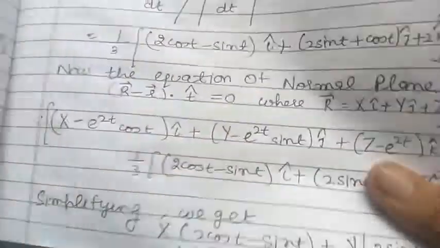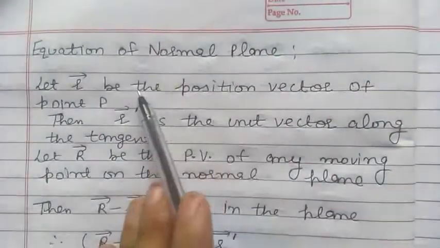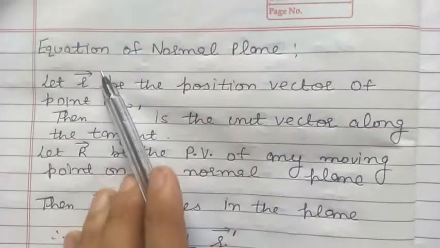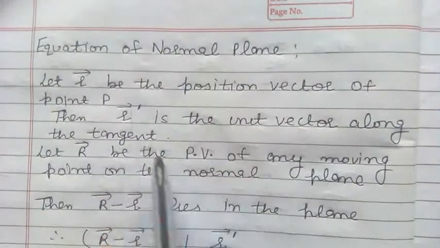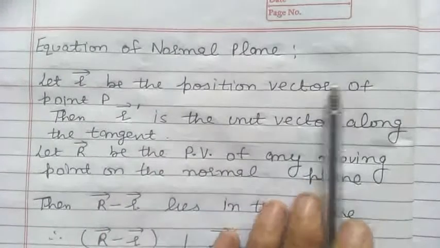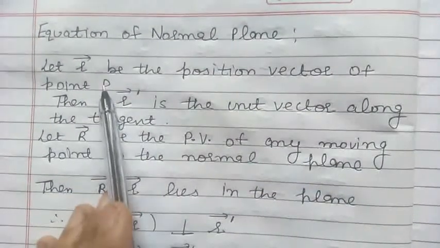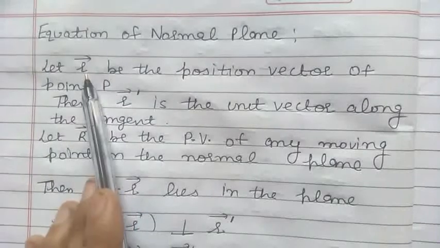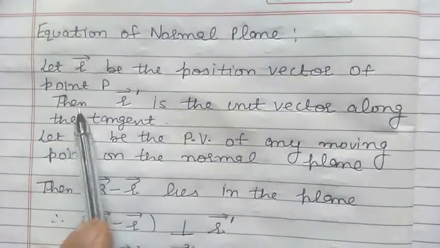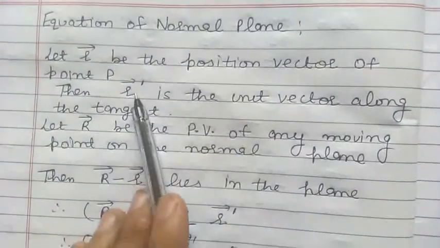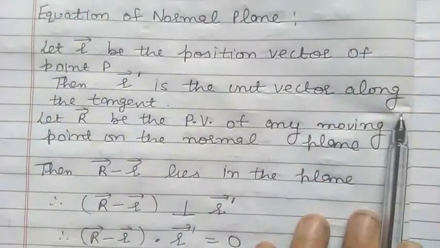Now let us derive the equation of the normal plane. To find the equation of the normal plane, let us again take the position vector of the point P, which is denoted by the vector r. Then r dash denotes the unit tangent vector.